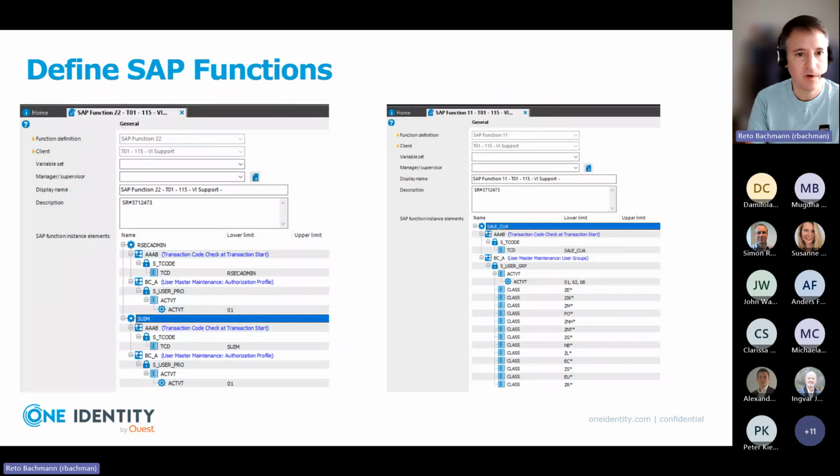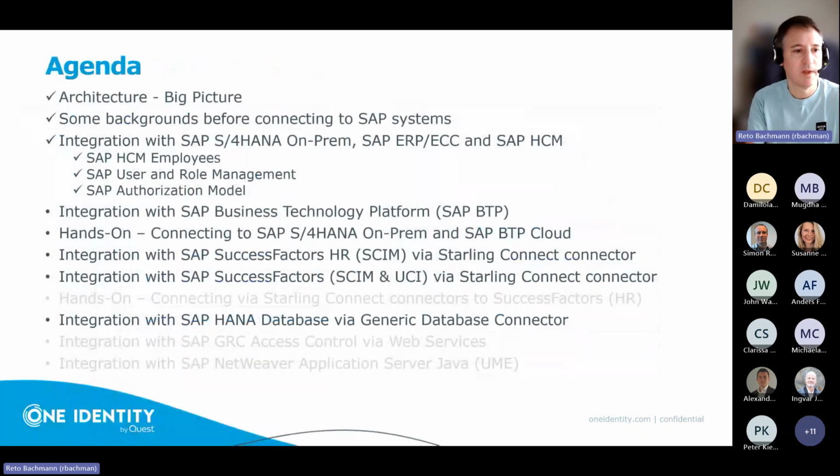And define sub-functions, that's also how you build the so-called sub-functions. Again, there is a deeper bootcamp for this, explaining all this information and how to build this in SAP.